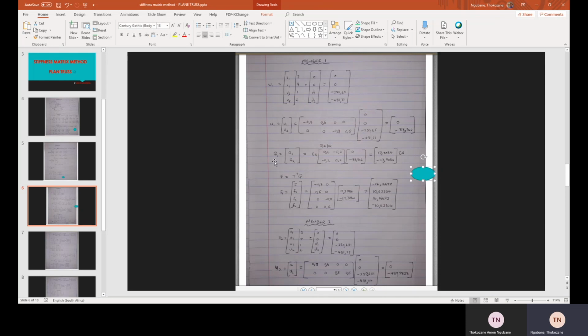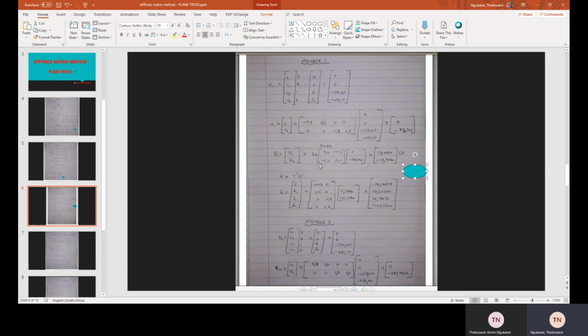Okay, let's continue. Now we're gonna calculate Q. Q is equal to K times U, and then we have a formula for K. Remember, I showed the formula for K on that side, which was 1, minus 1, minus 1 and 1. So we have EA over 5 here, then we times 1 times 1 over 5, which is 0.2, minus 1 times 1 over 5 equal to minus 0.2.